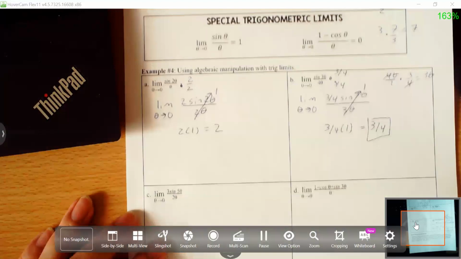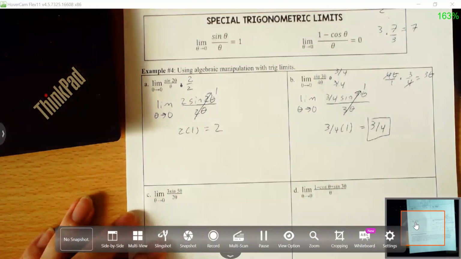See if you can do letter C. It's kind of like letter B. You want to get the bottom to be 5 theta.